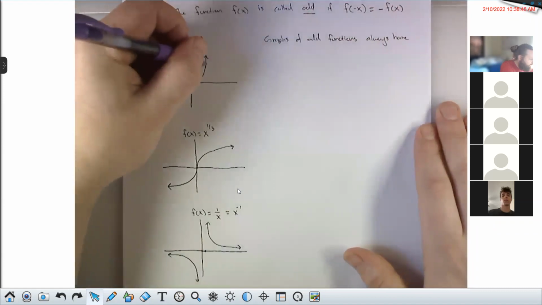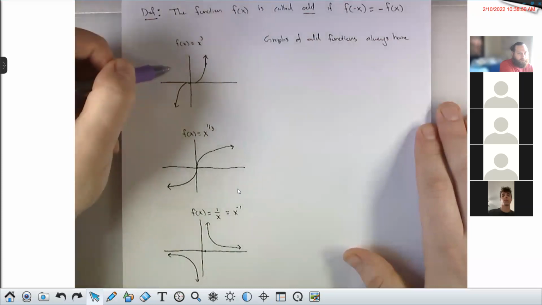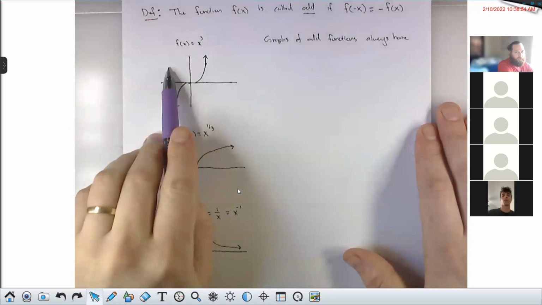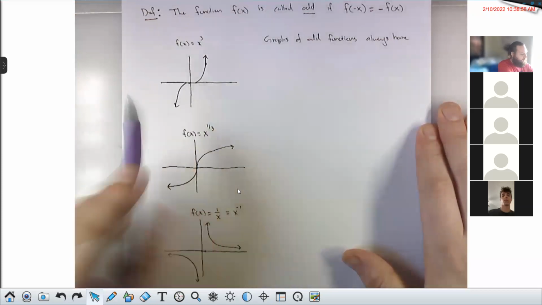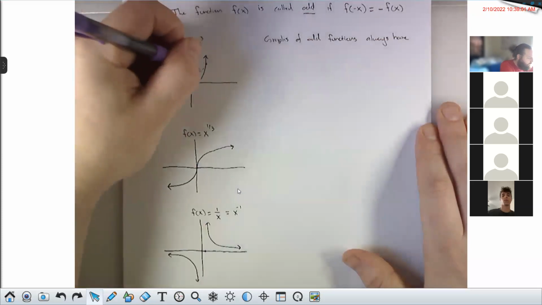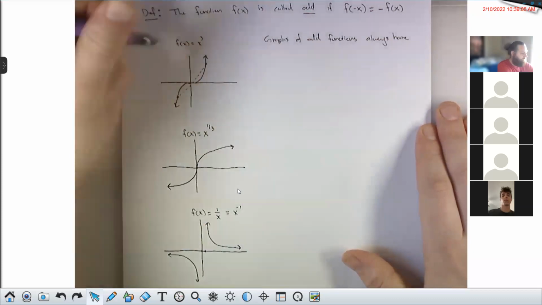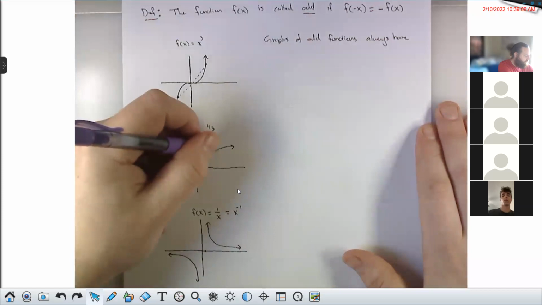If I take a point on this graph, it's not y-axis symmetry, right? I can't fold this over the y-axis and land back on the graph. But what I could do is fold it over the y-axis and then over the x-axis. That will get me back here. And that is equivalent to reflecting through the origin. And for that reason, we call this symmetry origin symmetry.